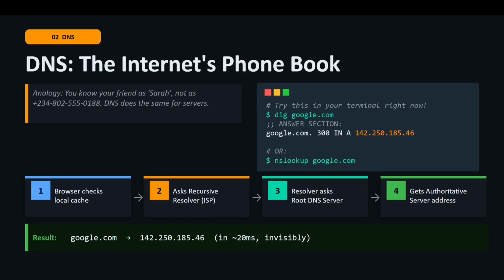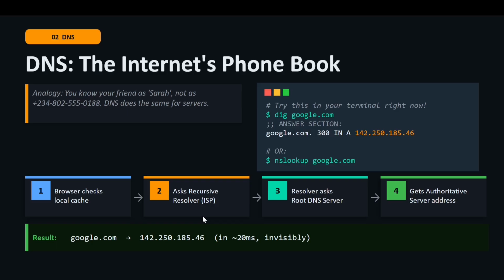So these are the first steps that your browser goes through. When you send a request, your browser checks the local cache. Let's say you visited google.com recently, it should be stored in the local cache. If it's there, it will just use it and access the IP address immediately. But if it is not, it will ask the ISP resolver.